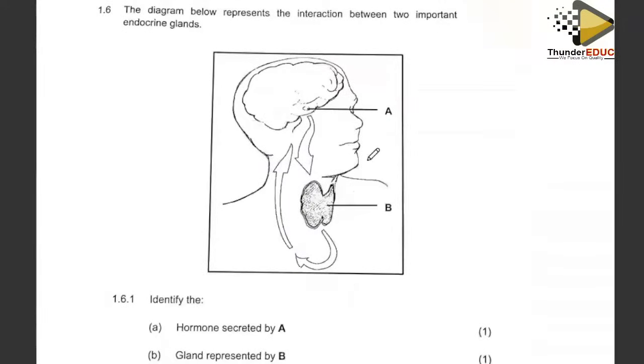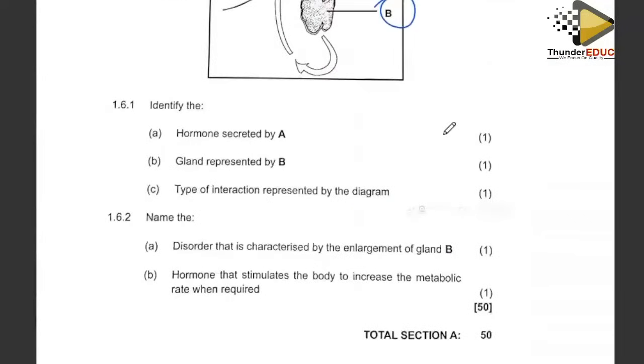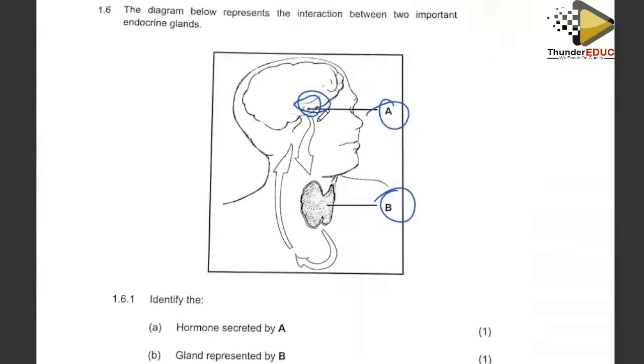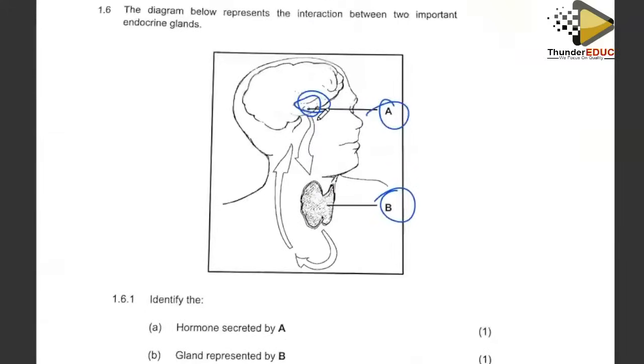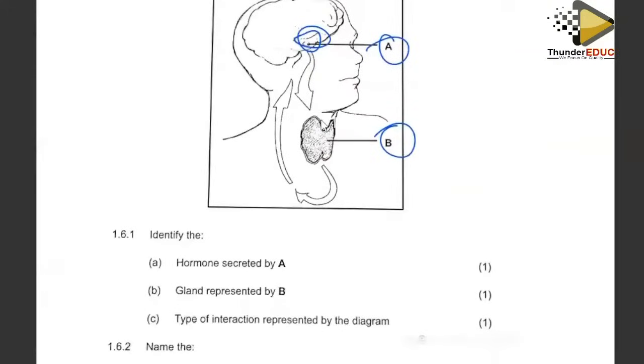Then question 1.6. The diagram below represents the interaction between two important endocrine glands. We see the pituitary gland here and the thyroid gland there. Identify the hormone secreted by A. These are arrows.